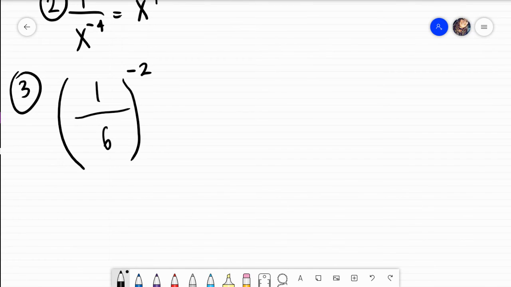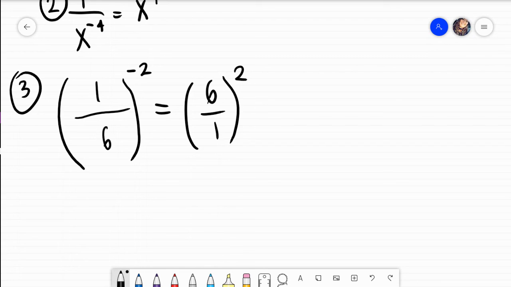And so what I'm doing is I'm taking about a step and a half or so away. If you see parentheses and a fraction, and then on the outside the exponent is negative, what you do is just flip your fraction and your exponent becomes positive.